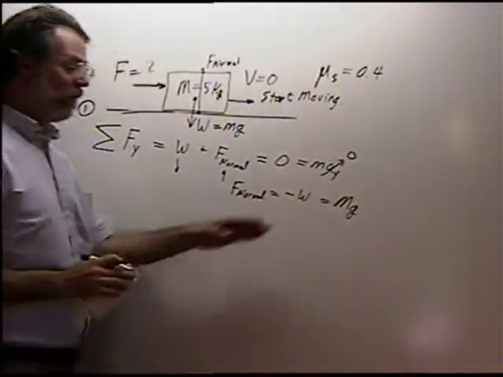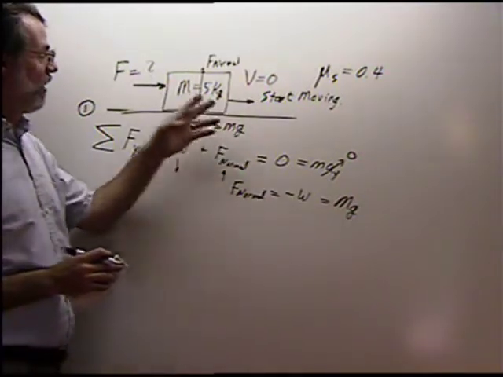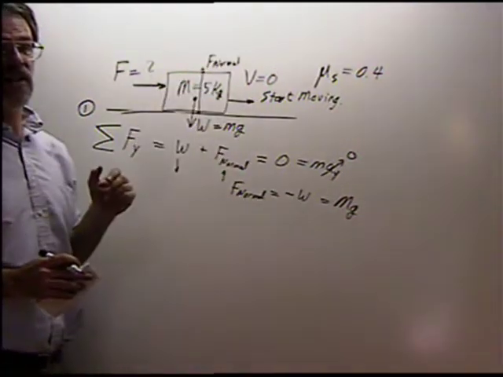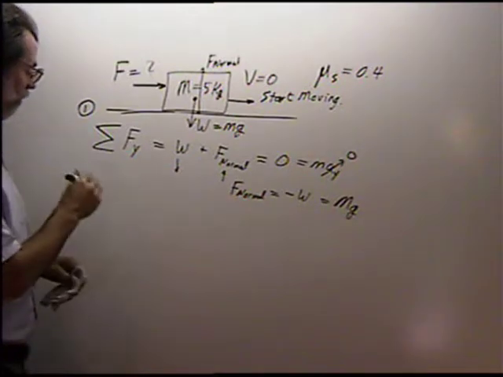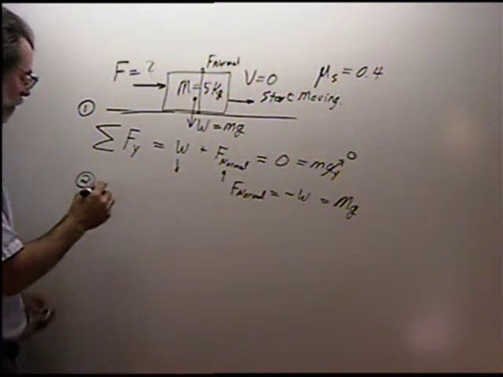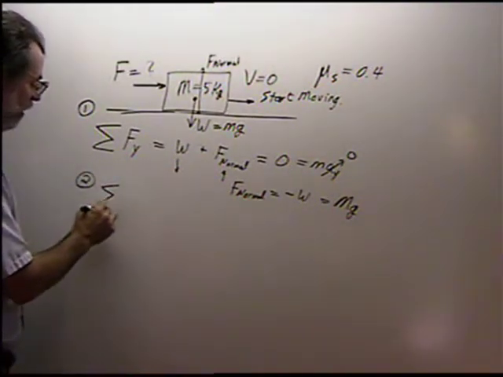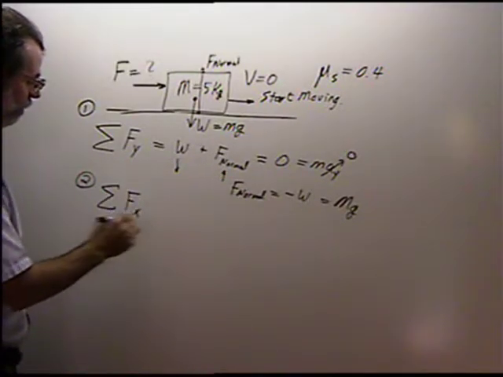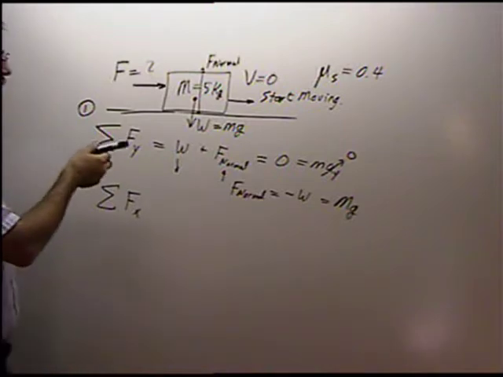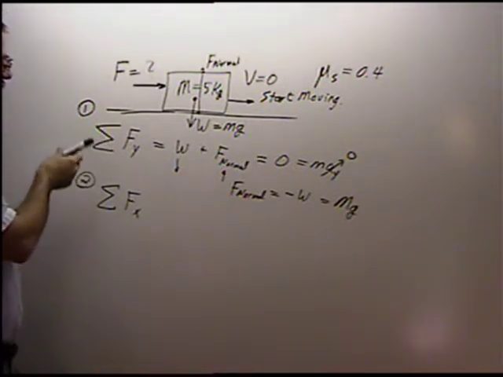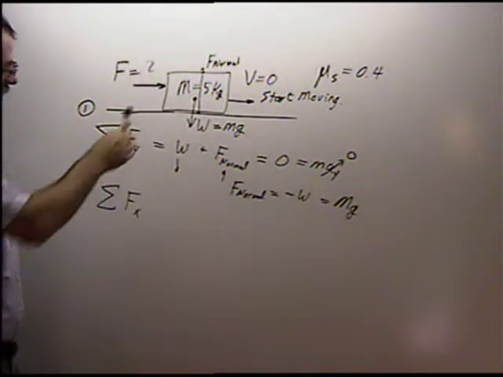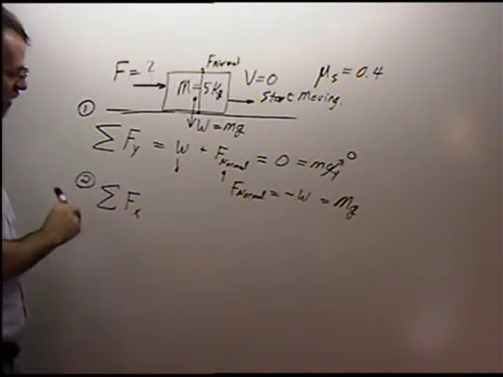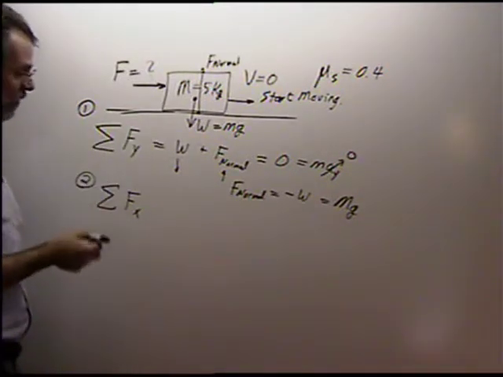We can ignore the sign just for right now, because we just need the size of the normal force. Now we look at the sum of forces in the x direction. Notice we always look in these two dimensions: the sum of forces in the y dimension, and then the sum of forces in the x dimension.